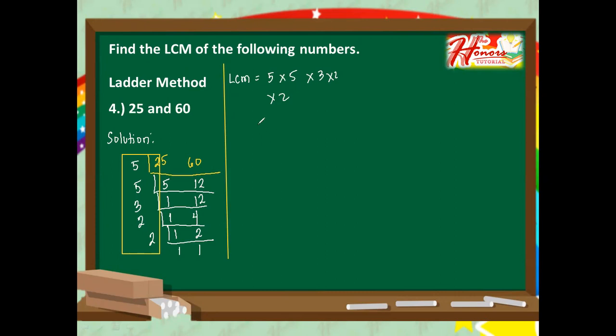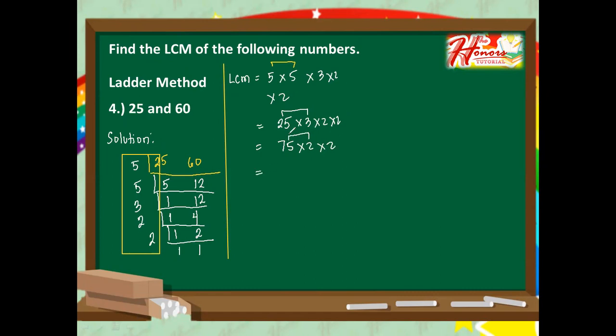Now let's multiply. Let's start with 5 times 5. So 5 times 5, that's 25. Times 3 times 2 times 2. Let's continue. So we have here 25 times 3, that's 75. Times 2 times 2.